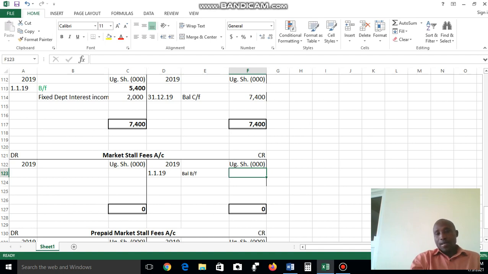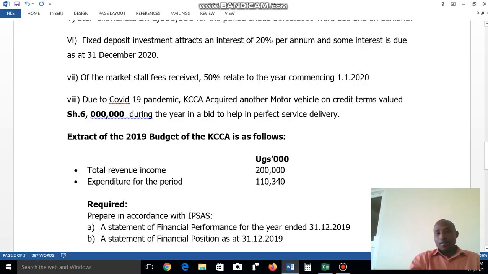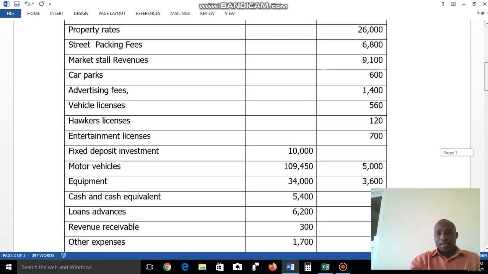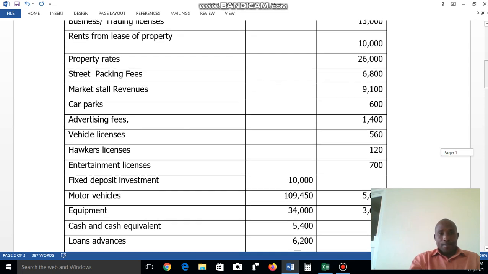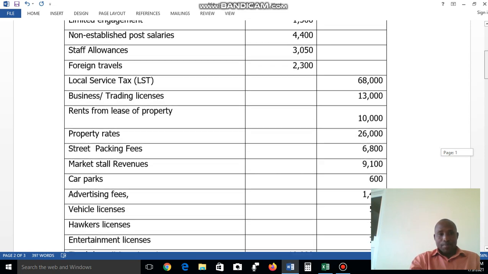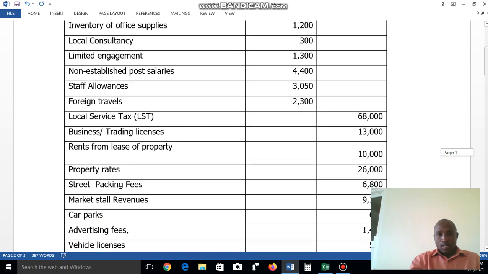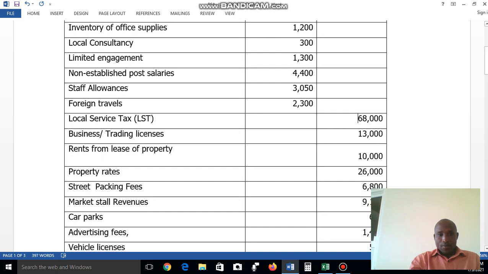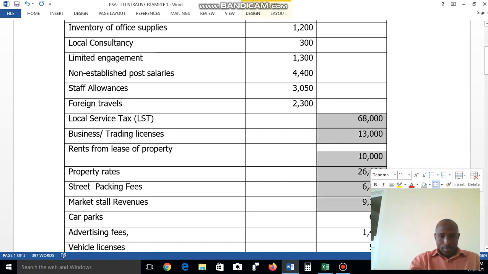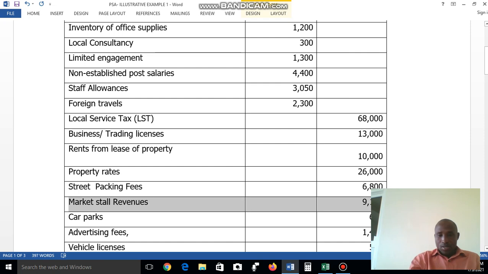So the market store fees, where is market store fees? Because we are picking a figure from this trial balance, we shall get it from the list of incomes and liabilities. Where is it? Street parking, market store revenues. So this is the one. We are taking this market store revenues.